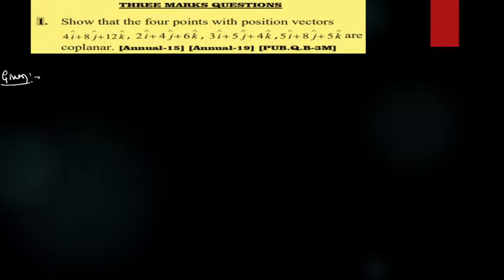What is given? The first vector is the position vector OA, that is 4i plus 8j plus 12k.